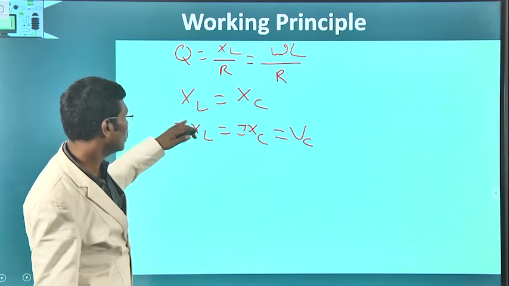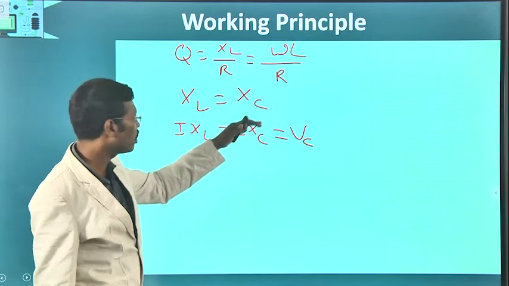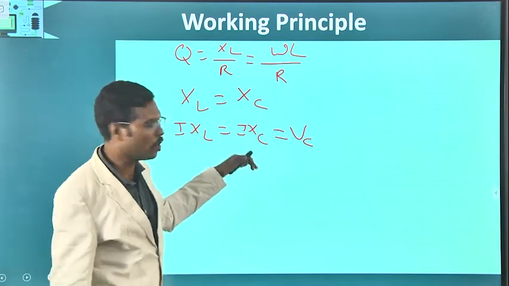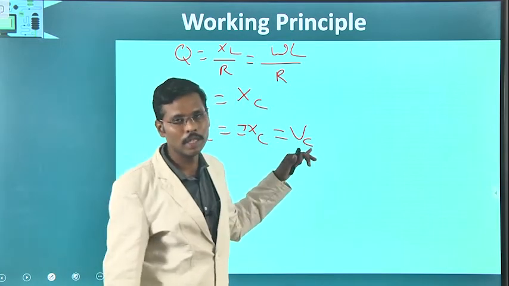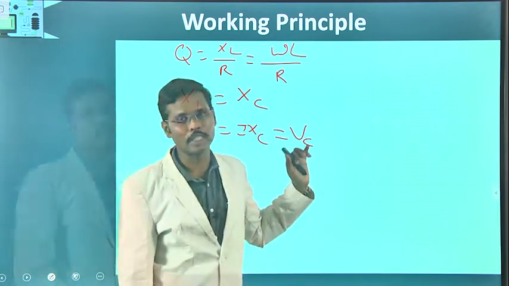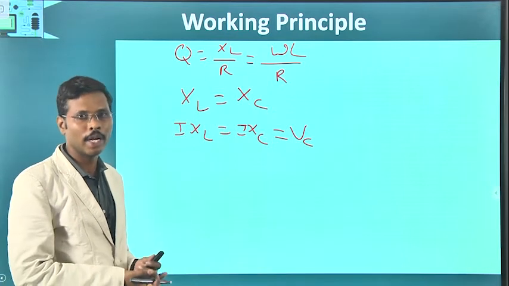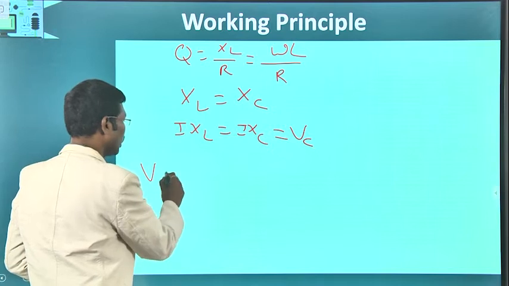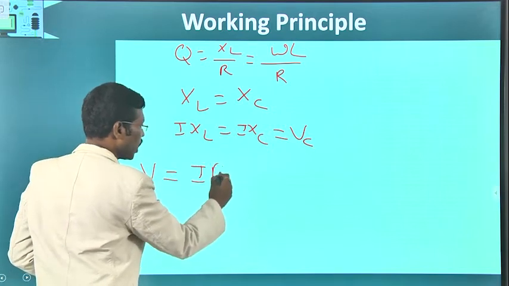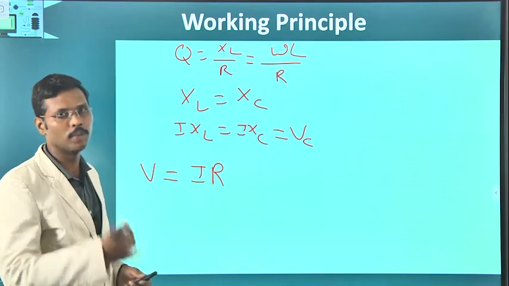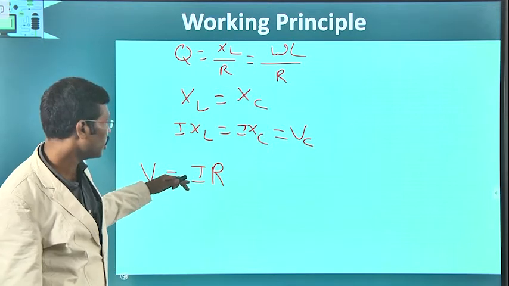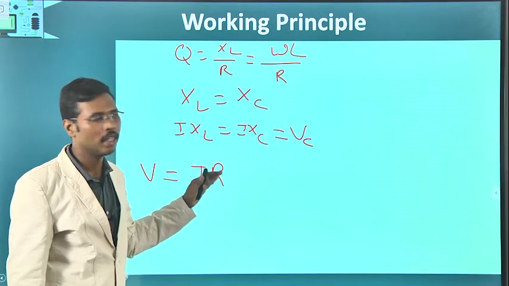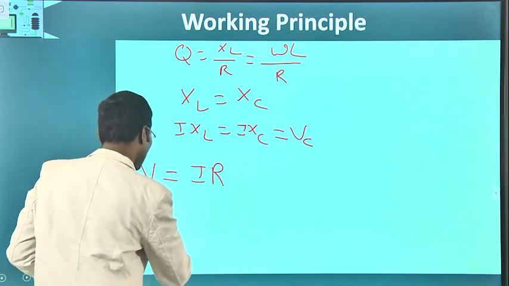So at resonance, XL will be equal to XC, and I XL will be equal to I XC, and this will be equal to VC, which is nothing but the voltage across the resonating capacitor, and the voltage applied across the input source is given as V, and this can be calculated by V is equal to I R.